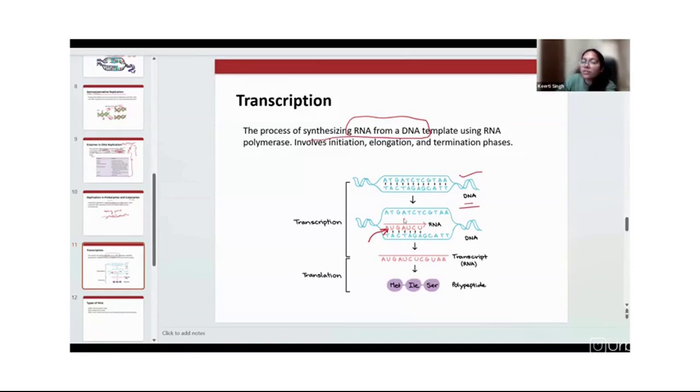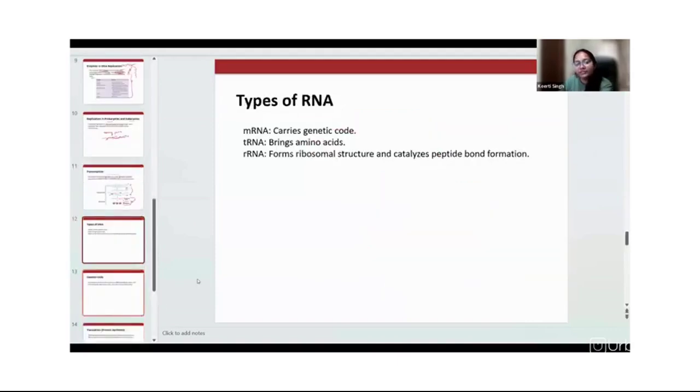So this information in the DNA will now be converted into an RNA, and the information this RNA is carrying will ultimately lead to the formation of polypeptide chains. That means it will lead to the formation of protein.